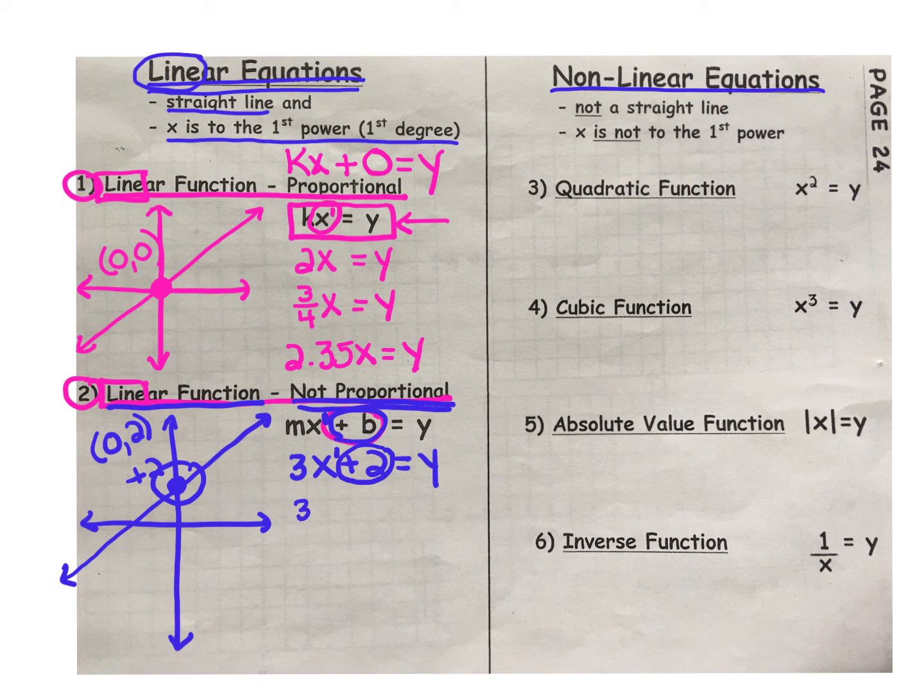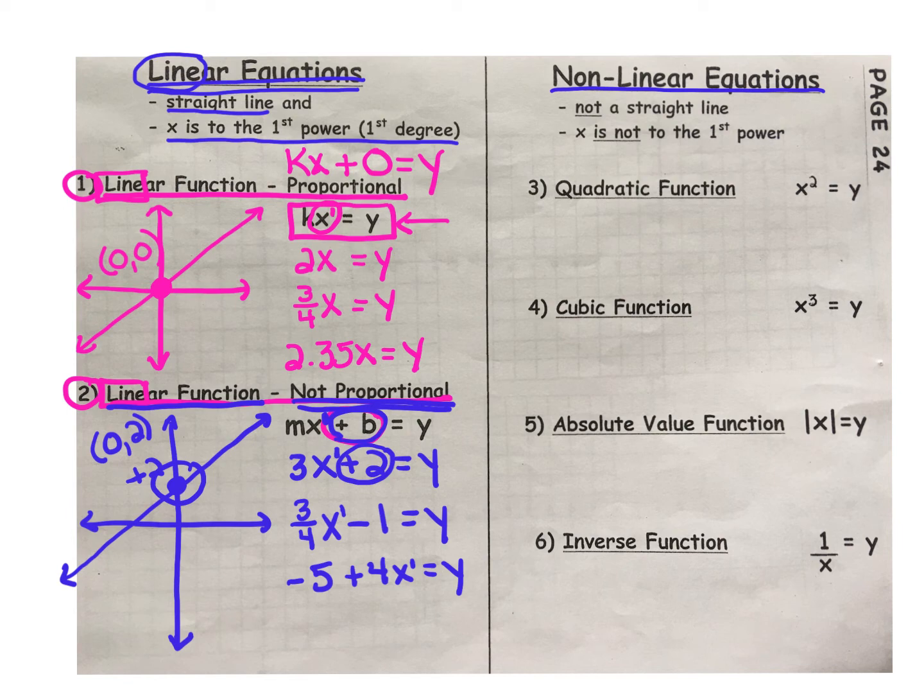They can look like this. 3/4 times x minus 1 equals y. x is still to the first power, even though we don't always write it. Or perhaps like this, -5 plus 4x equals y. And once again, x is to the first power.